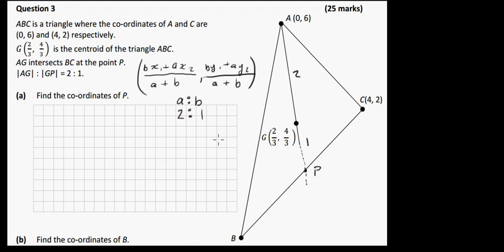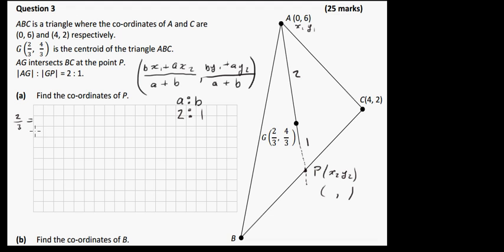So we know that this part here is 2/3. So we can write down 2/3 is going to be equal to B times x1. By the way, I'm just going to call this here x1, y1, and I'm going to call P here x2, y2. We're going to work out what x2, y2 are. So we know that 2/3 here is going to be equal to this here.